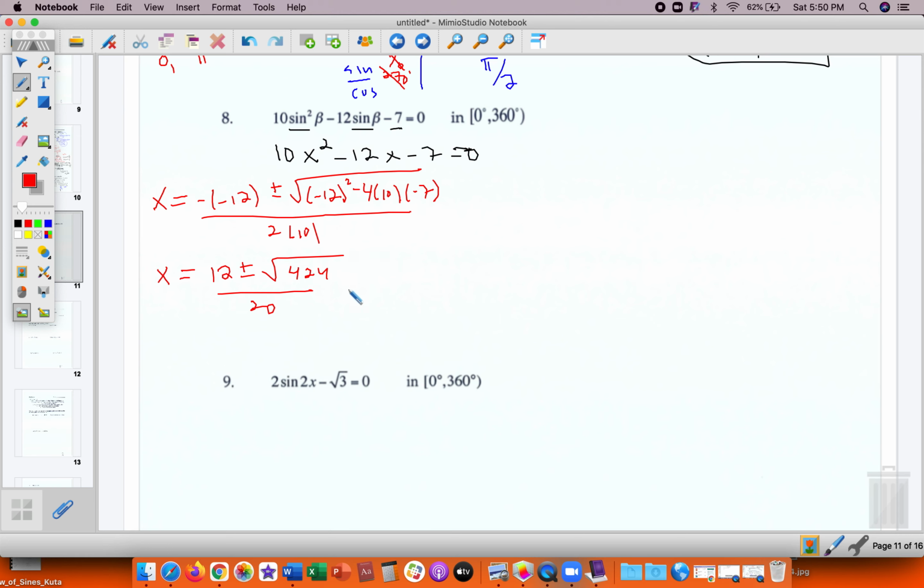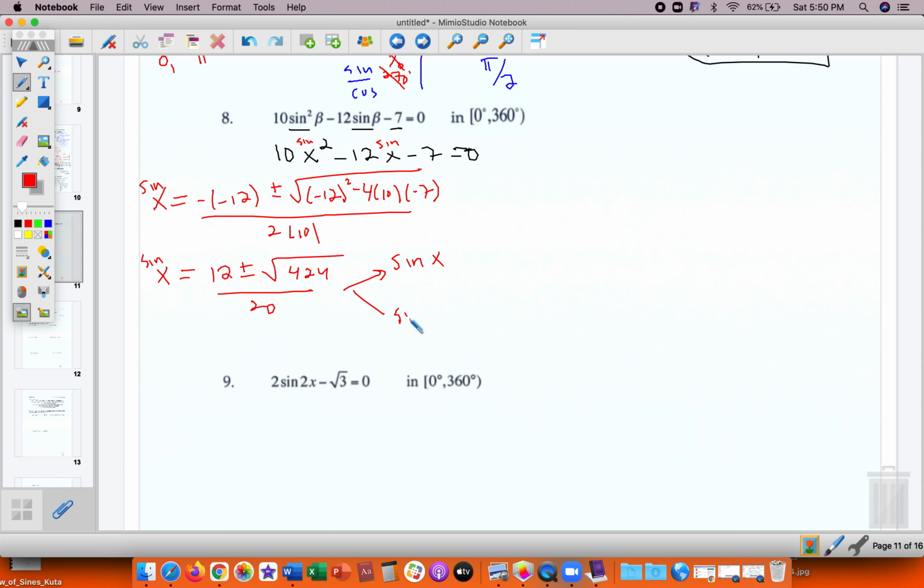Now this is an irrational number, so when we put this in our calculator, we get sine x, right? This is really sine x, because this is 10 sine squared x.